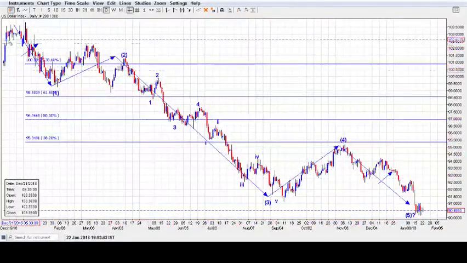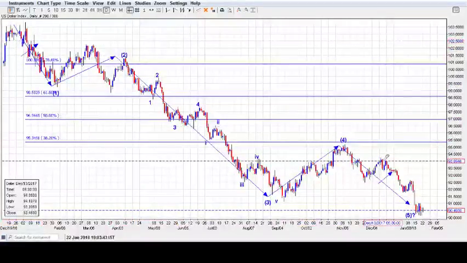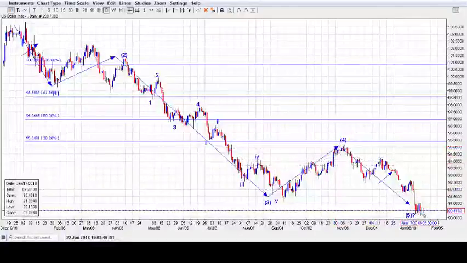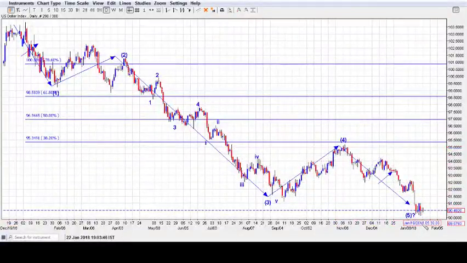So you put a principle of equality or 5 waves counting within the fifth wave, everything is pointing at least towards a high probability for the fifth wave to have been terminated already at 90.15.